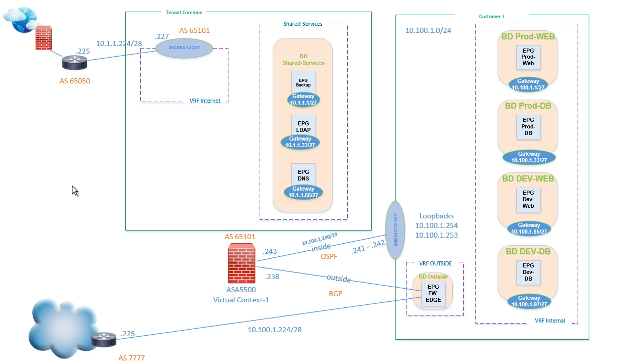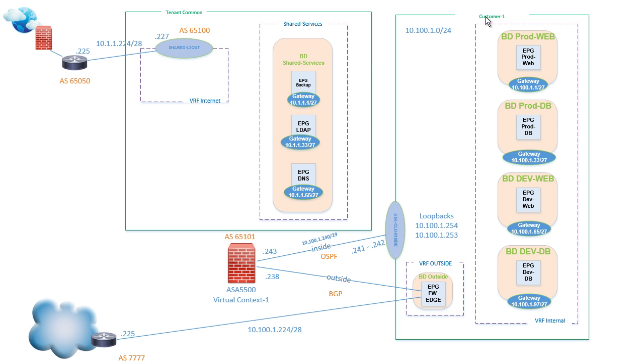So the ISP tenant common network is going to be 65101. The customer tenant is going to be 65... let's see, we got to change that up. So why don't we do 65100 for the ISP, and then 65101 for the first tenant.